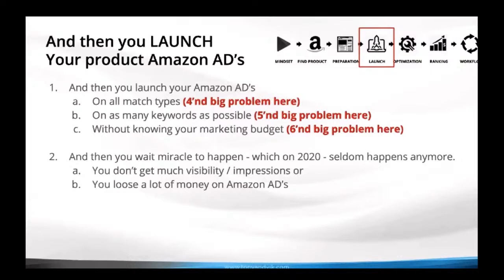We had some food products where the click price was $4 a click. The minimum click price I got was $1 something, 50 cents. But most of the clicks were $4, $3. And you know what? 10 clicks already, $50. Boom, gone. And really often the product just doesn't sell.